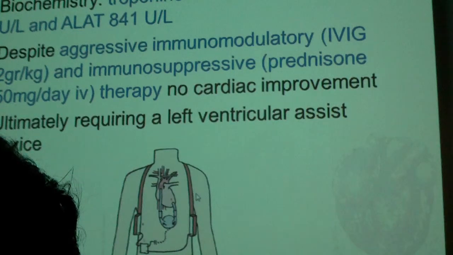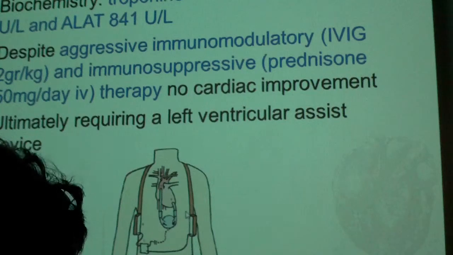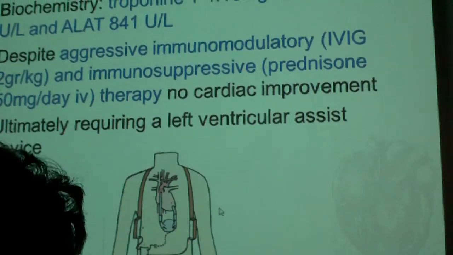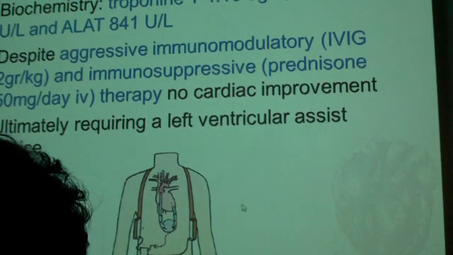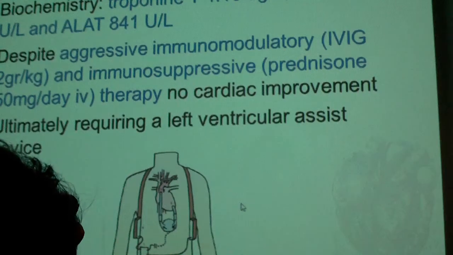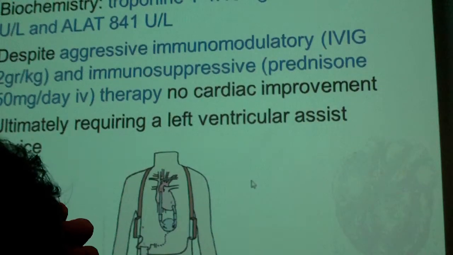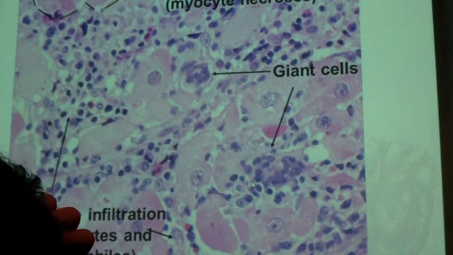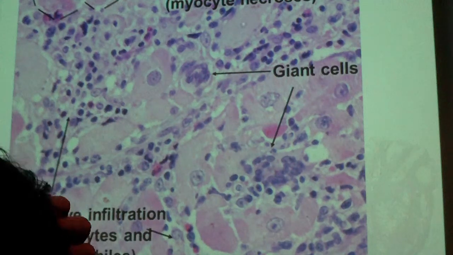This is a last resort for patients, if the patient with all therapy does not respond. If you do not do this, the patient will die at that time. This is not a very friendly therapy. It has a whole lot of complications. But as she is 32 years old, it's your only option at that time, in the hope that you can wait and take more biopsies, more diagnosis.